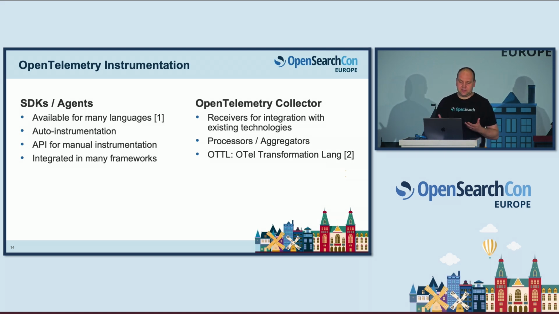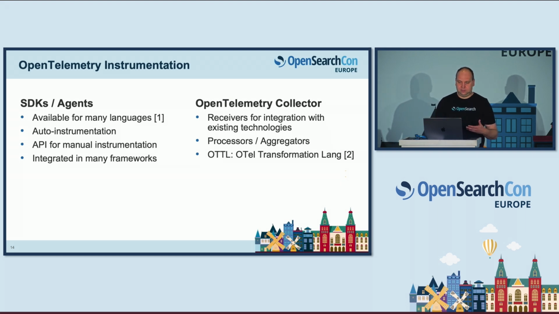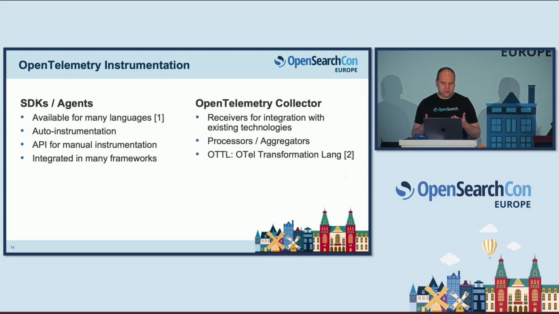It has receivers, as they're called in the collector language. These are components for integrating with existing technologies. That means they collect data into the collector. Then there are processors and aggregators to transform the data, to do something to it. And there's a new thing called the transformation language that makes things a little bit easier, more prescriptive.